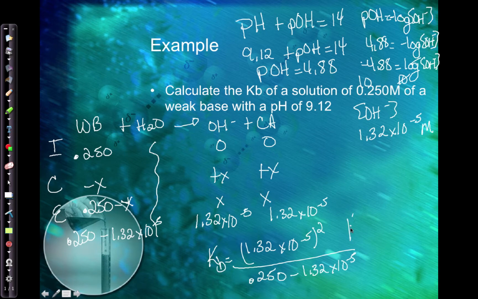All right, so Kb, when I solve for it, I should get 6.95 times 10 to the negative 10th.